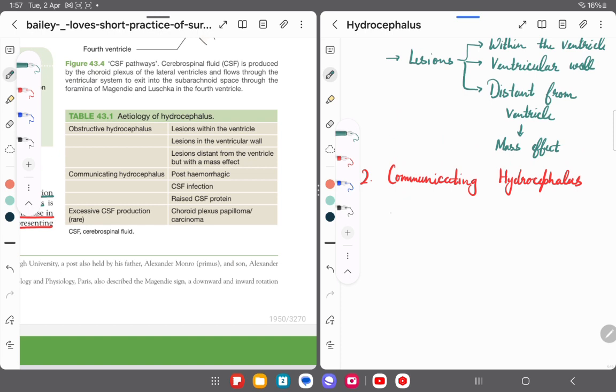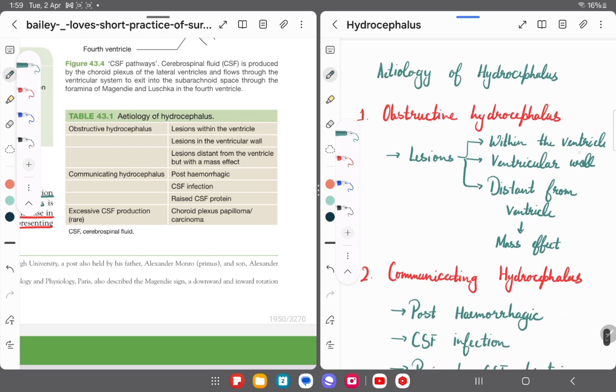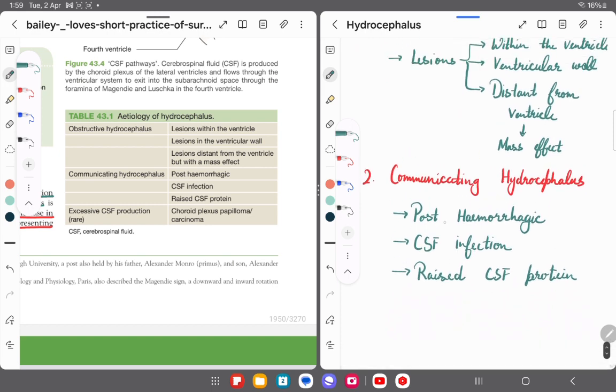It can be caused by post-hemorrhagic CSF infection, raised CSF protein. So number one is obstructive hydrocephalus, which is caused by lesions within the ventricle, in the ventricular wall, or distant from the ventricle but causing mass effect. And communicating hydrocephalus is caused by post-hemorrhagic CSF infection and raised CSF protein.